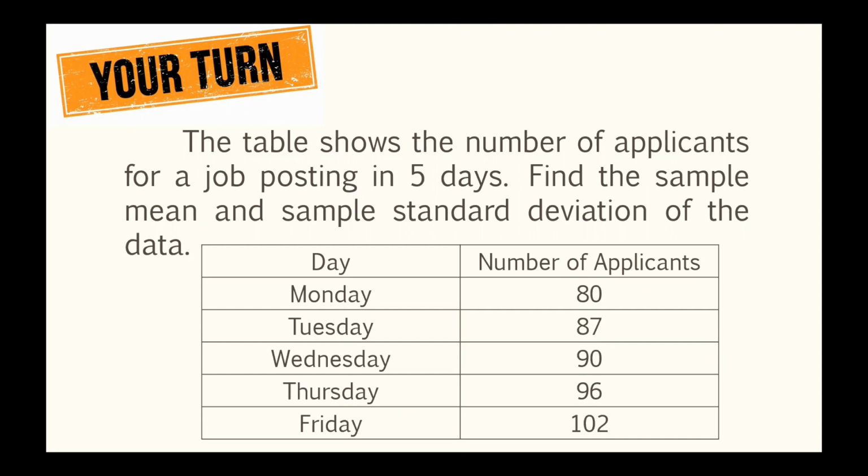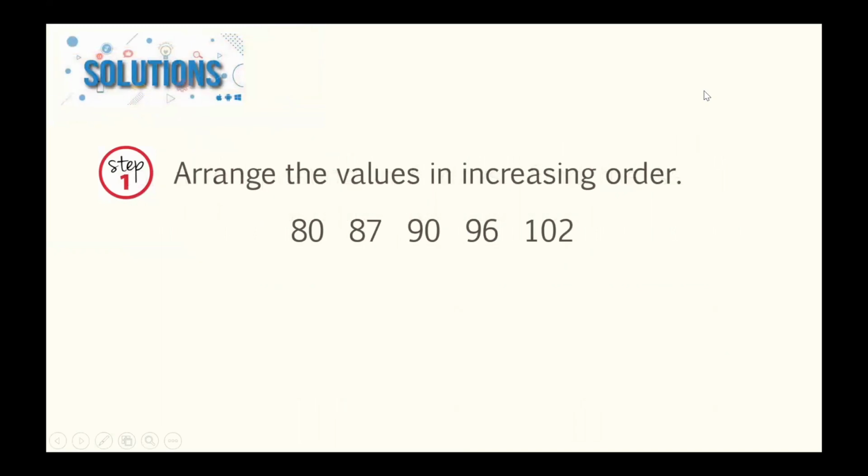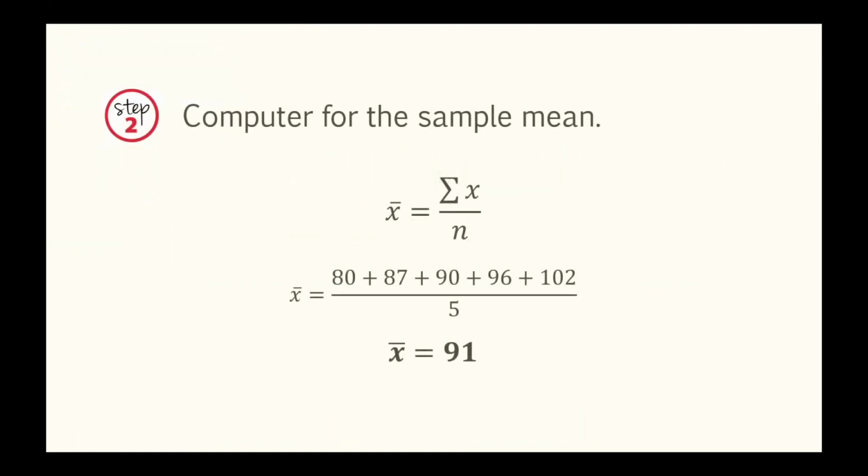So in this problem, we're going to identify the sample mean and compute for the sample standard deviation. The first step is to arrange the values in increasing order, and that is 80, 87, 90, 96, and 102. For step number 2, you have to compute for the sample mean. We have the given formula.